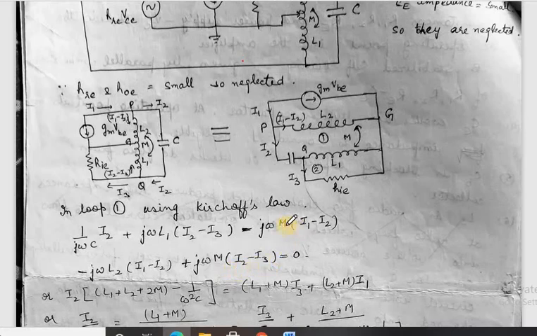Here it should be noted, for the mutual inductance while defining for L1 we'll take the upper current I1 minus I2, and for defining the L2 mutual inductance we'll be taking the current of L1. So current in L1 is I2 minus I3. So here we have taken I2 minus I3 and here we have taken I1 minus I2. Both are opposite as compared to the L. So this is our first loop equation.